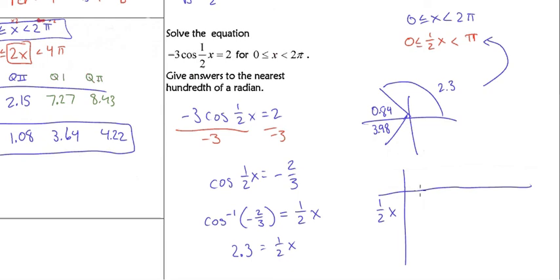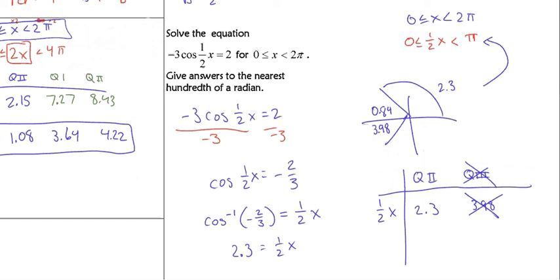Well, we've got 2.3 radians. That's going to be in quadrant 2. And in quadrant 3, it's going to happen at 3.98 radians. However, this is past our domain of pi, which is 3.14. So this one is excluded. That one can't happen.